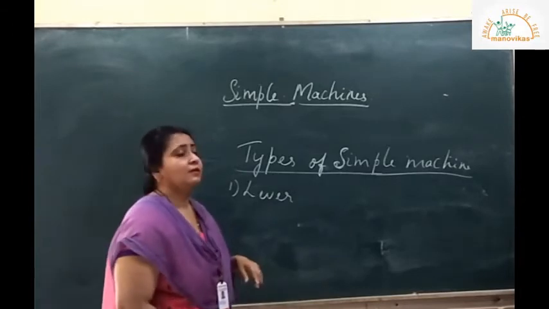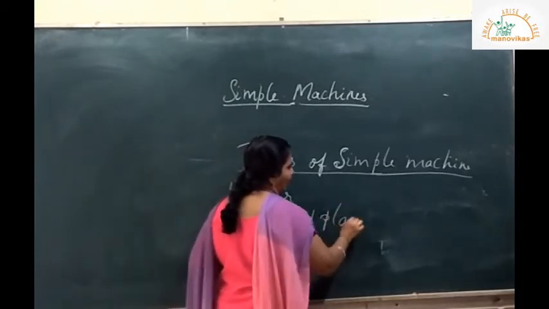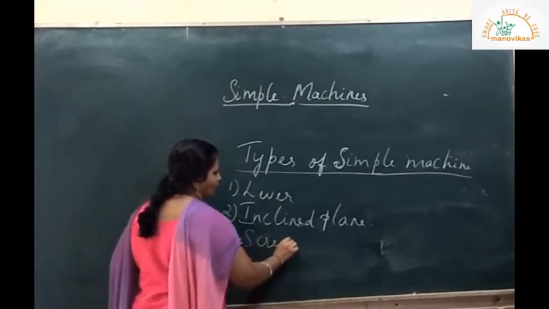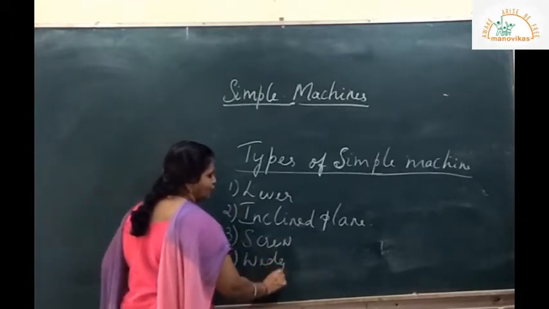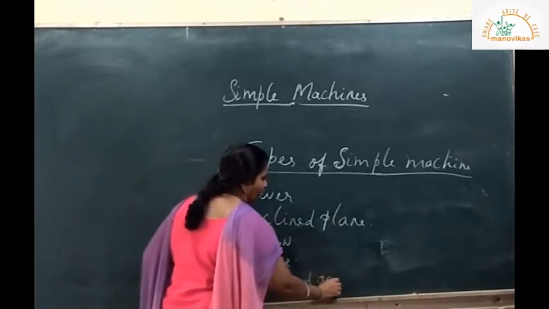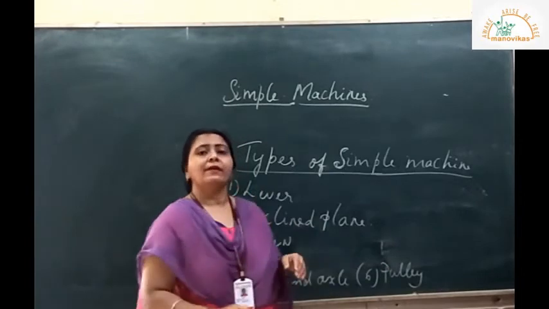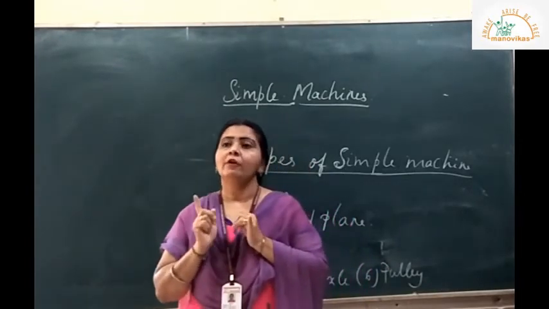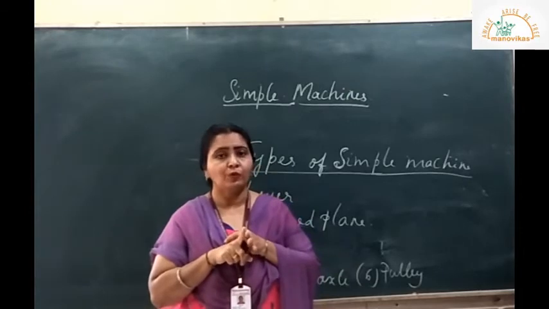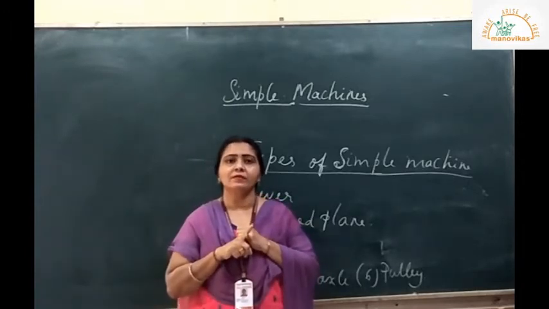First one is the lever, second one is the inclined plane, third one is the screw, fourth one is the wedge, fifth one is the wheel and axle, and sixth one is the pulley.